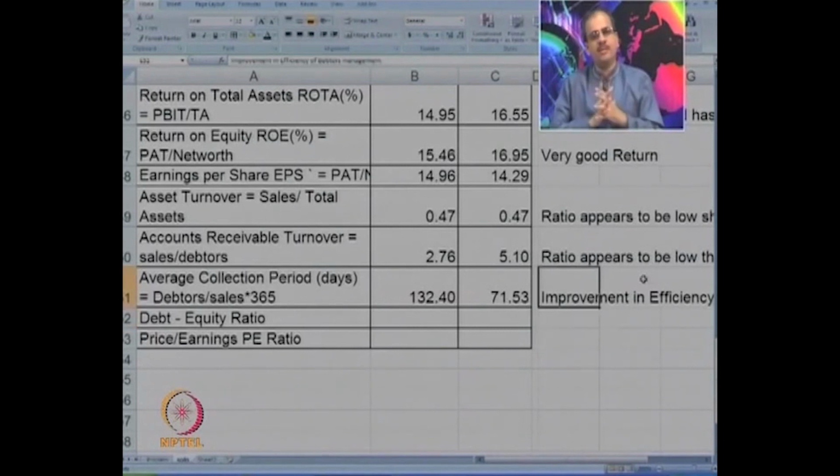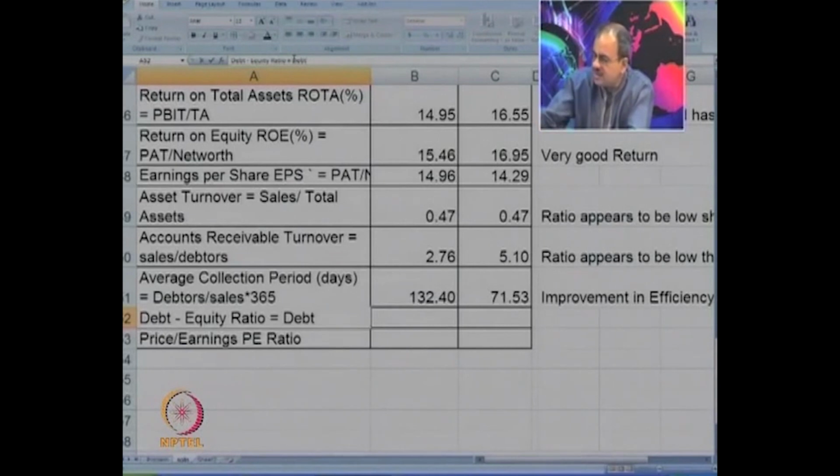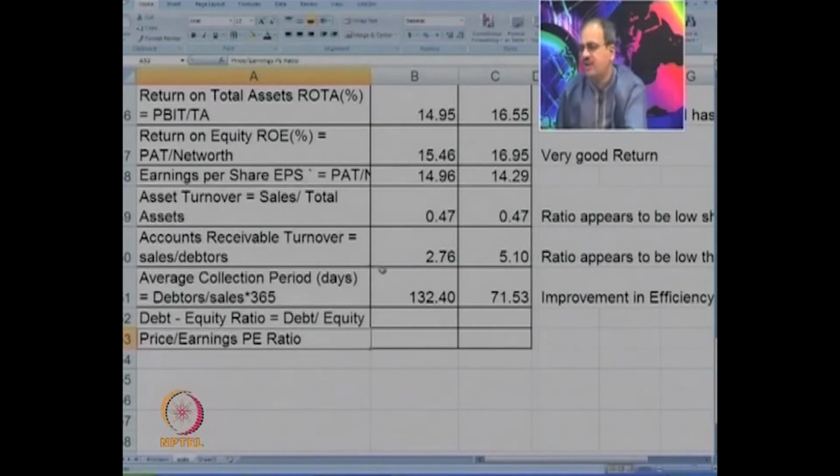Okay, are you getting it? Okay, let us take the next ratio, that is the debt equity ratio. In the debt equity ratio, we find the relationship between debt and equity. So, debt, that is borrowed funds, we divide it by equity or the owner's fund.